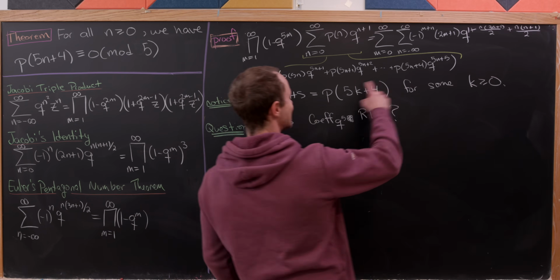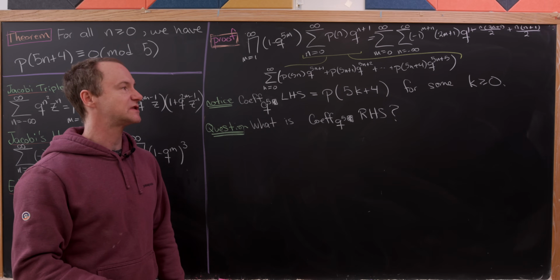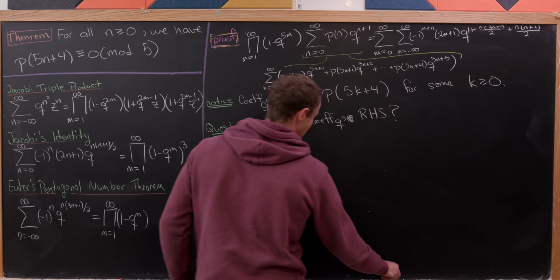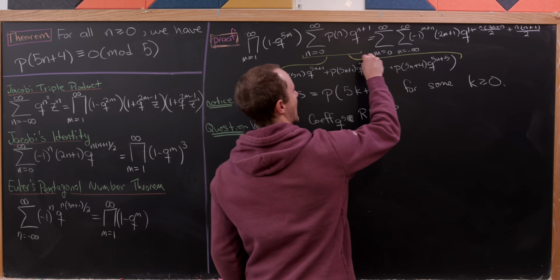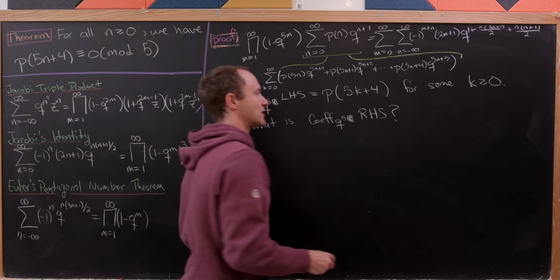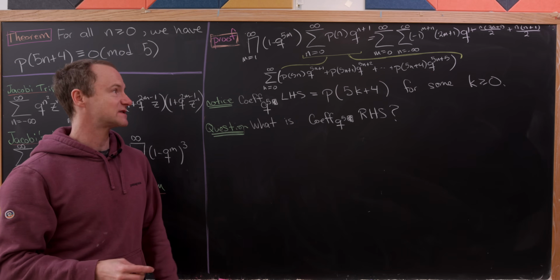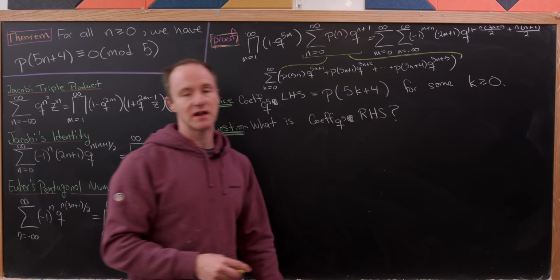So notice the last one here will be p of 5n plus 4 times q to the 5n plus 5. Which means in this thing that expands out via this yellow bracket, the numbers that are attached to q to the 5 times something are all p of 5n plus 4.